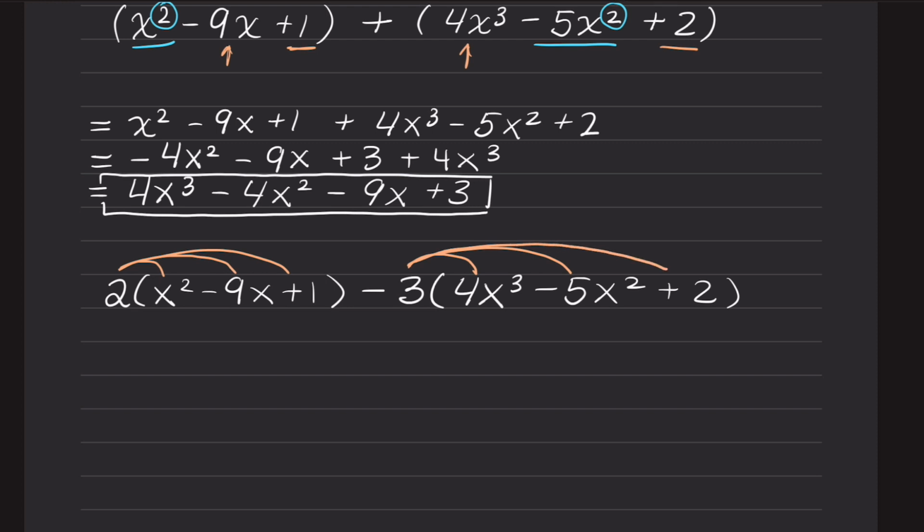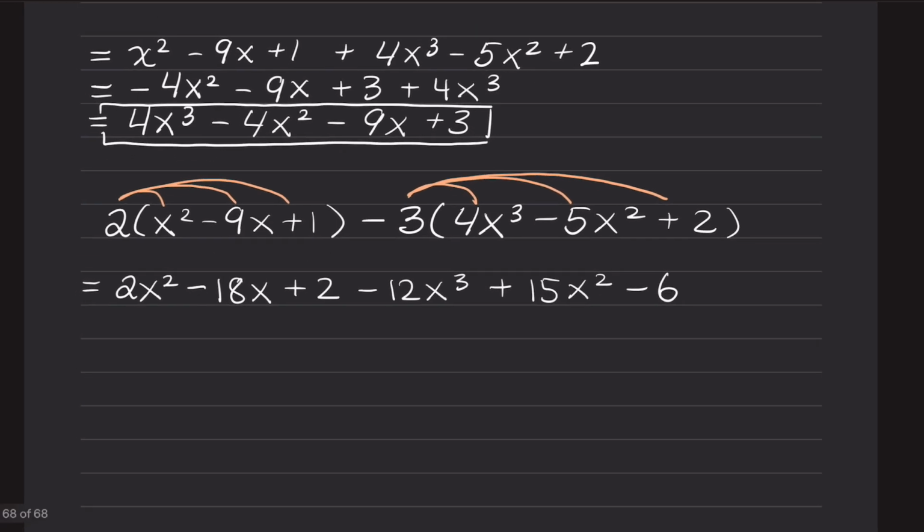So for this first one, I get 2x squared minus 18x plus 2, and then I get minus 12x cubed plus 15x squared minus 6. And now we're going to combine like terms.